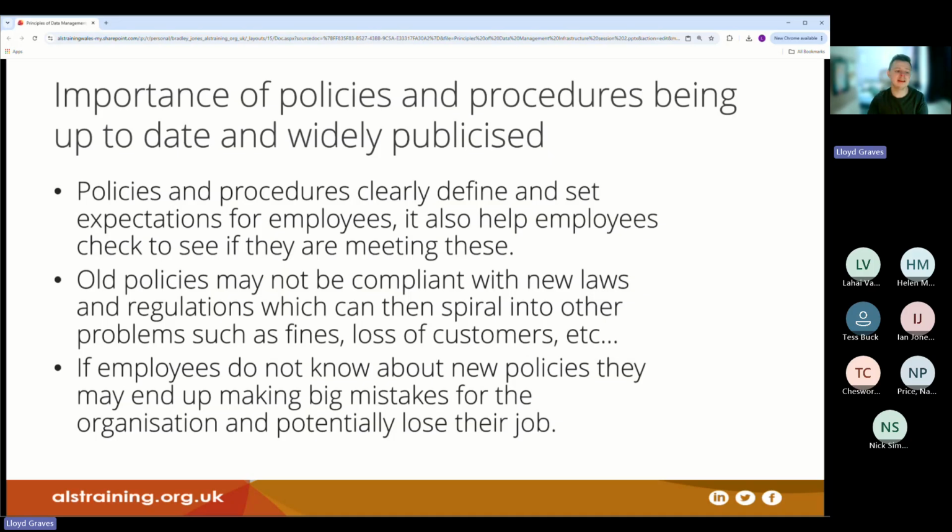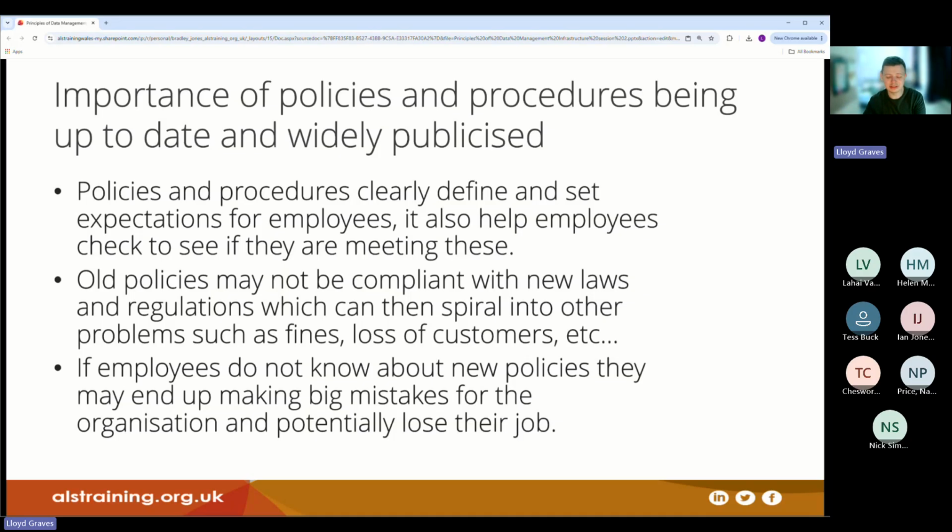Like I say, older policies might not be compliant with new laws. Laws do change, regulations change. Maybe it's a change in the services you're offering, which now means different laws apply to you than before. So it can spiral into problems like fines, loss of customers, things like that.